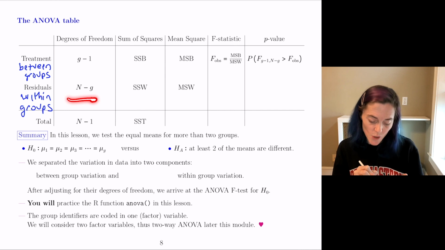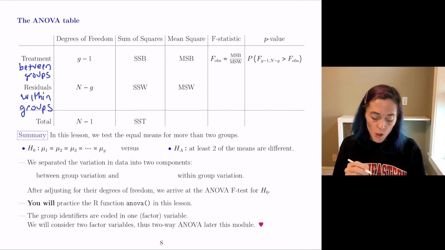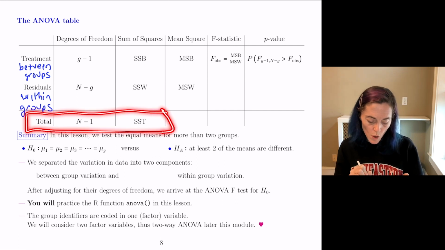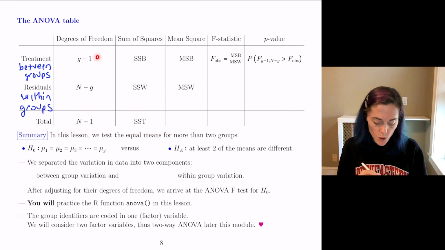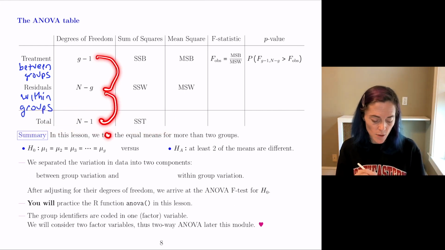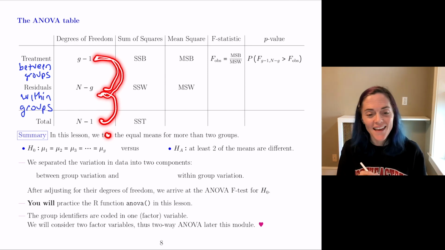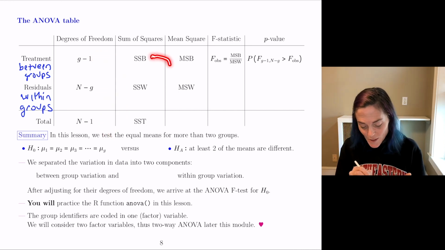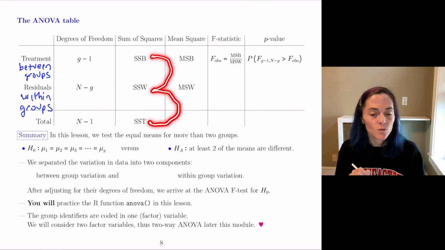We see its degrees of freedom, sum of squares within, and mean square within. You'll note that we have this total row, generally in an ANOVA table, where degrees of freedom add, so degrees of freedom between plus degrees of freedom within equals the total degrees of freedom. Sum of squares between plus sum of squares within equals the sum of squares total.